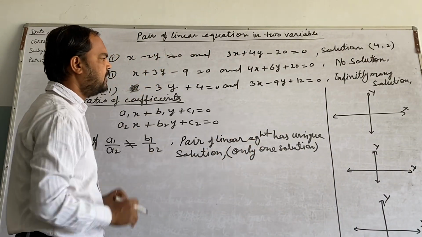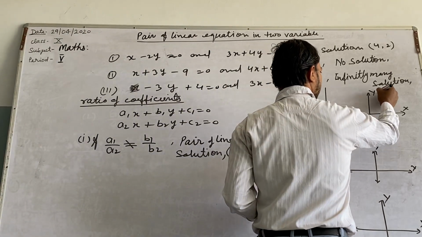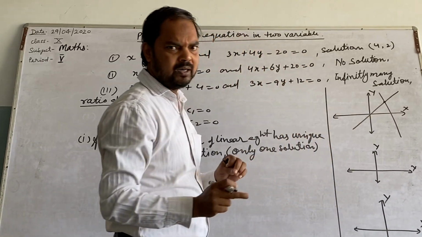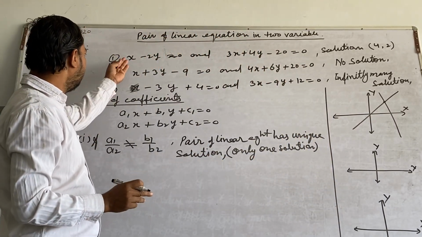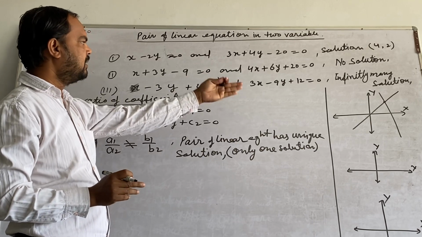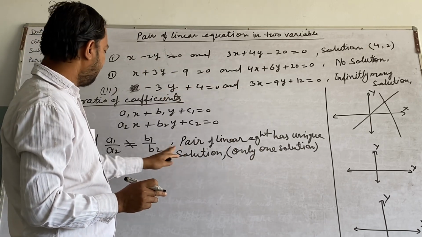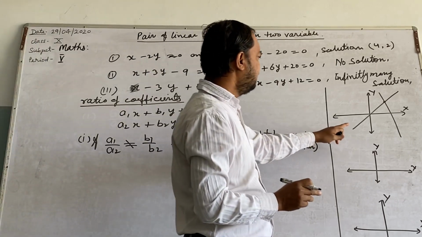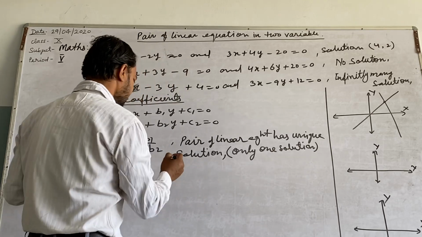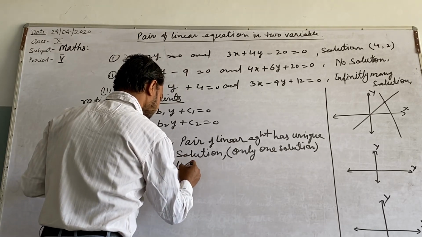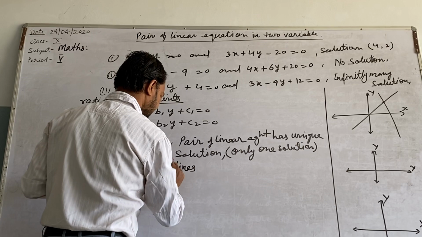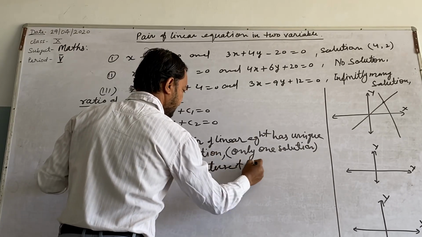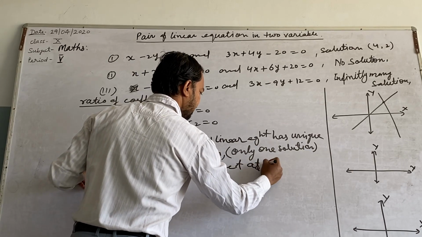Same thing in the graphical form, you will find that if you draw the lines, these lines intersect at a point. As you know, every equation has a corresponding graph, and every graph has its corresponding equation. So when we draw the graph for this situation, you will find that the lines intersect at a point.